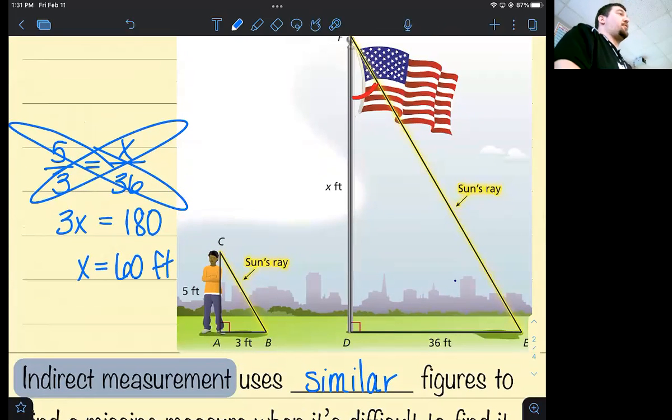Now, you could probably ask the manufacturer who made the flagpole just how tall it is, but you wouldn't be able to do that with a tree, for example, whereas you could measure the height of a tree by doing something similar. That would get a little bit messy because the branches cause the shadow on the tree to look a little different than your shadow. But for the most part, you'd be able to get a pretty good estimate.